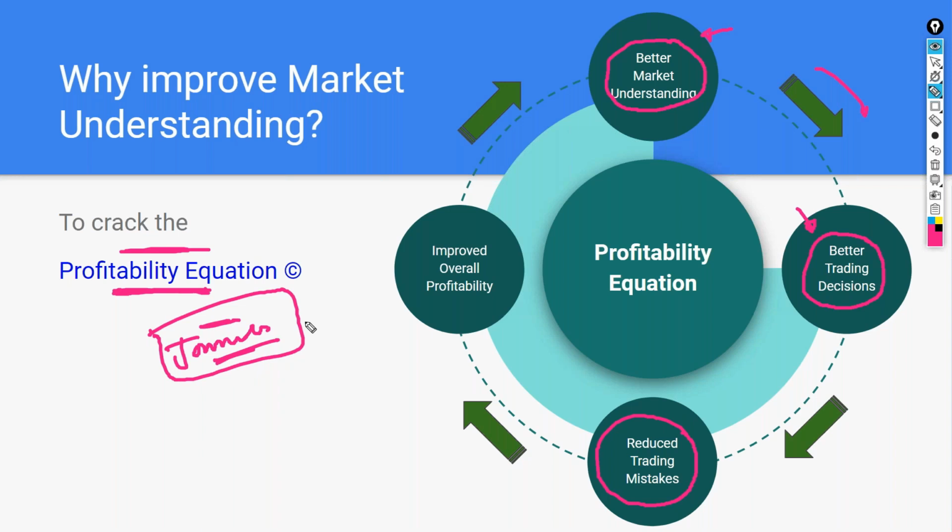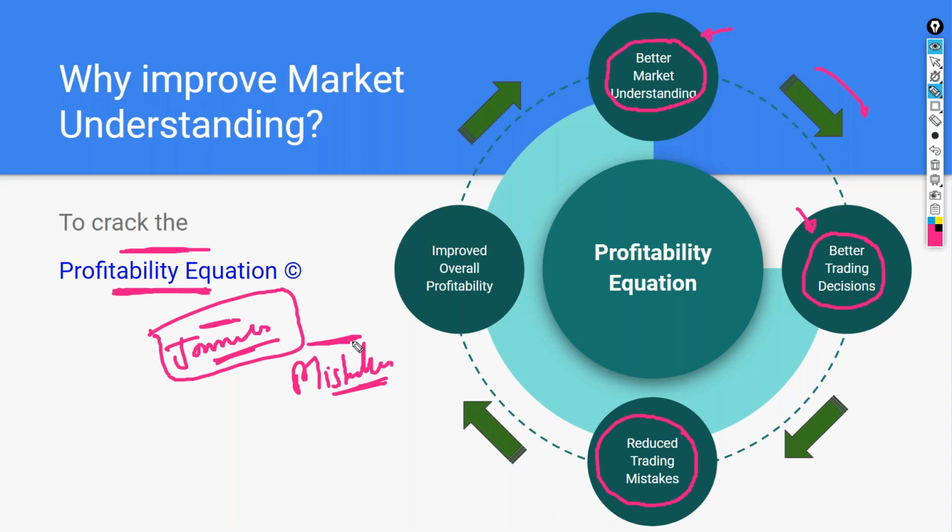Because the one thing I just want you to look at: how many of your recent trades were mistakes that you realized after the fact? So obviously when you are taking a trade, it's never a mistake, because then why would you take it, right? If it's a mistake, why would you enter into that trade? You don't know that.